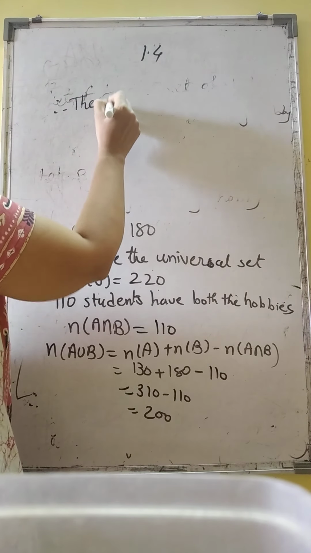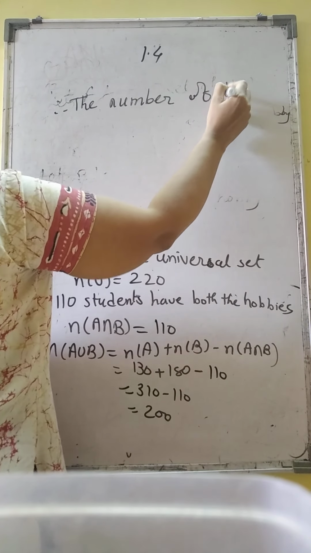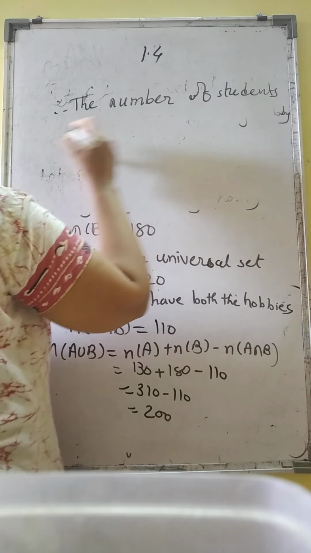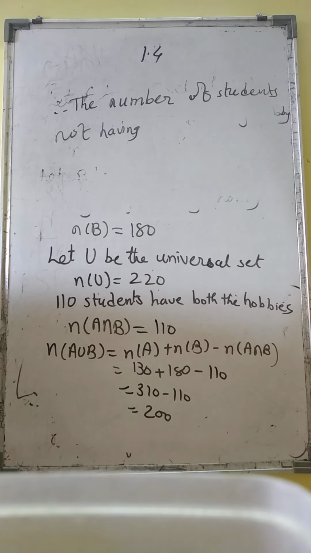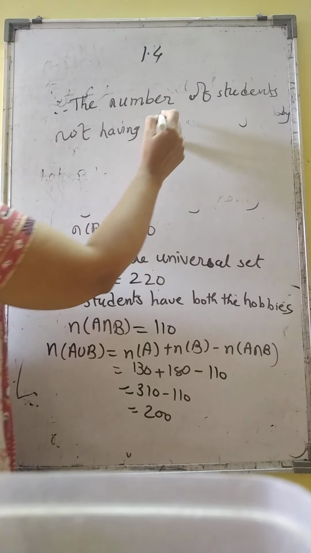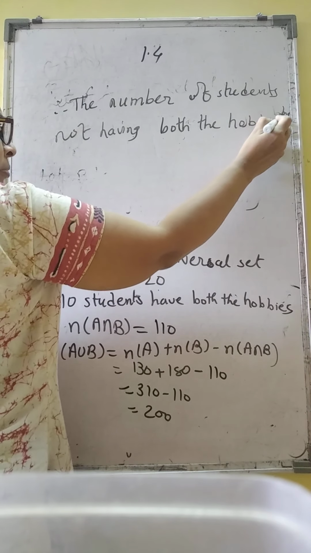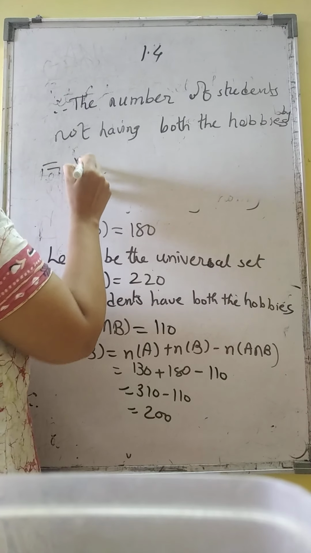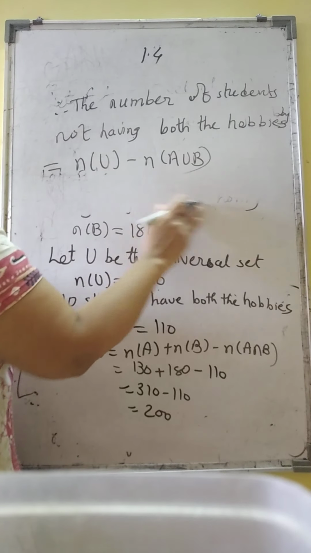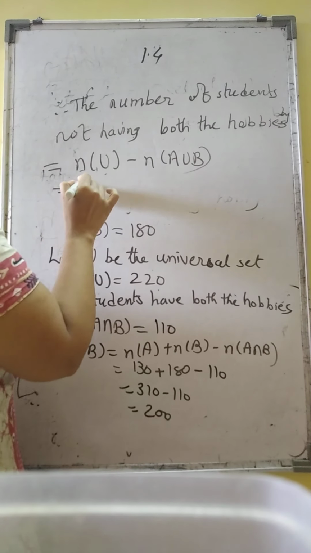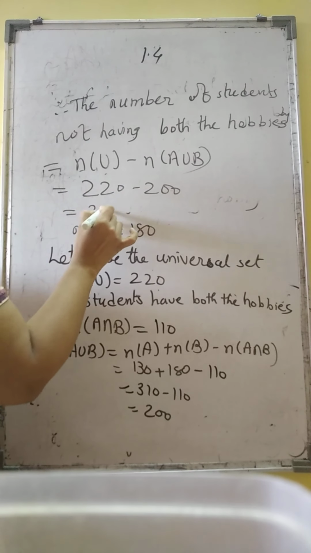Therefore, the number of students not having both the hobbies is equal to N of U minus N of A union B. So that is 220 minus 200, which comes out to be 20.